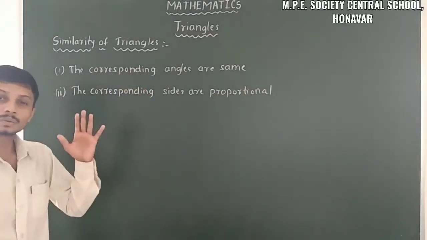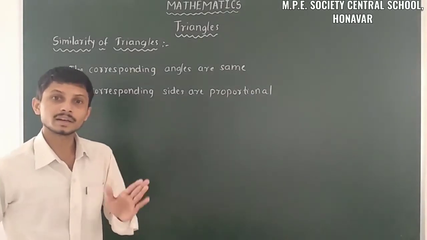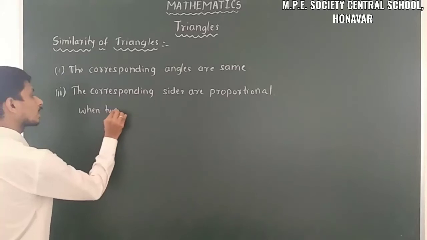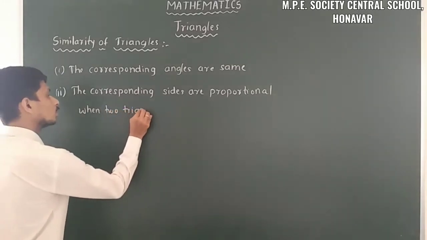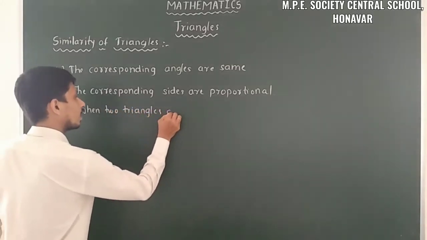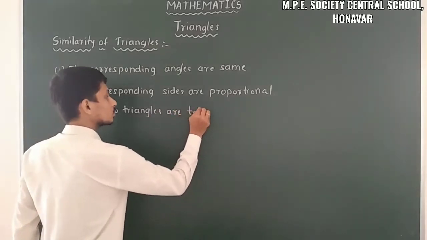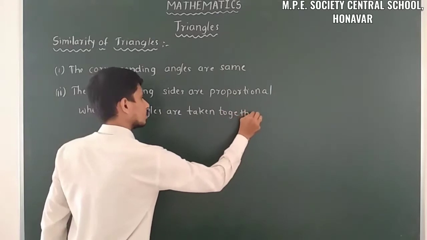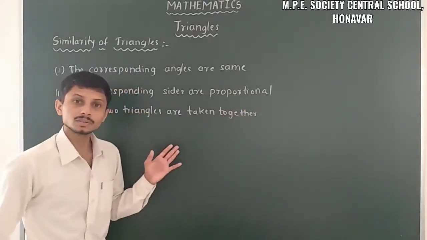So when two triangles are taken together, let us look at some examples.